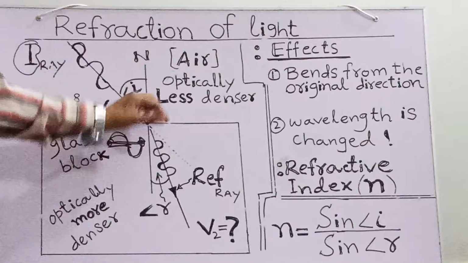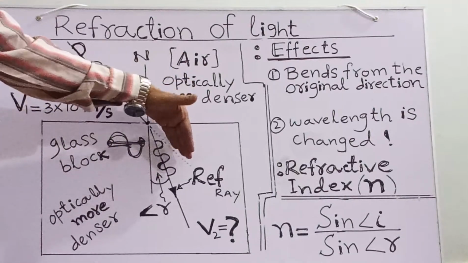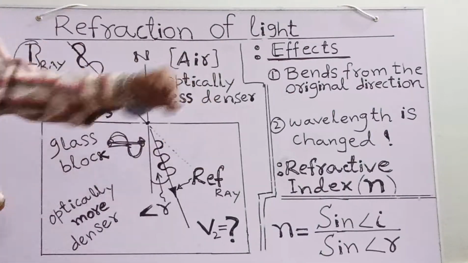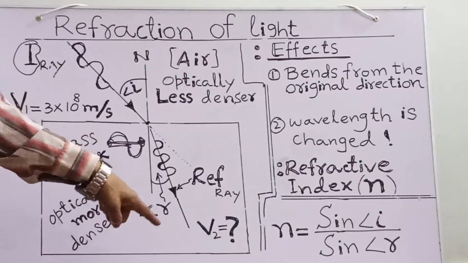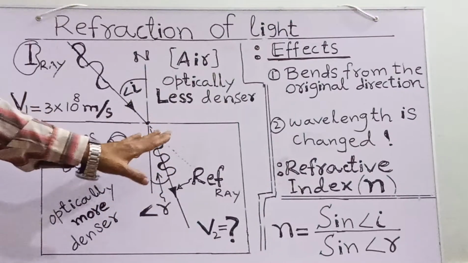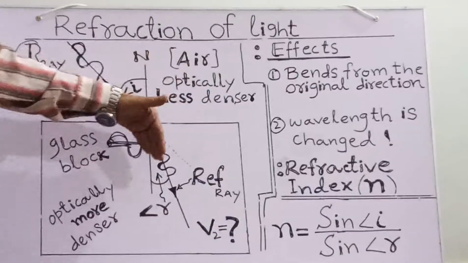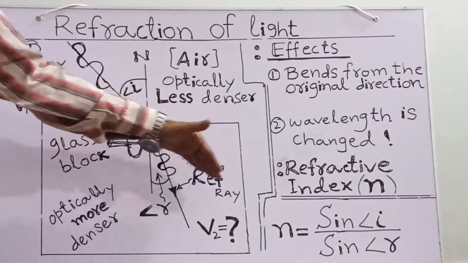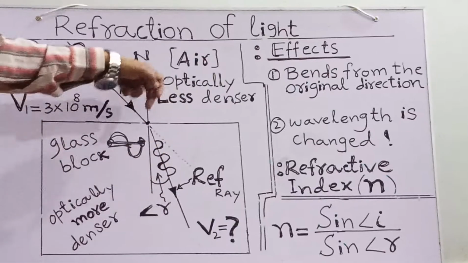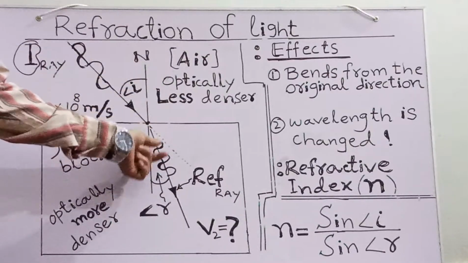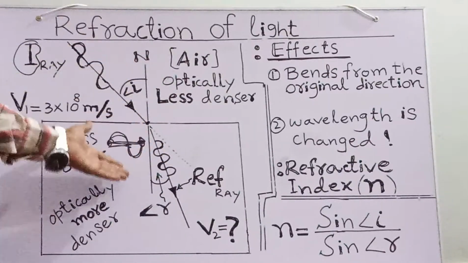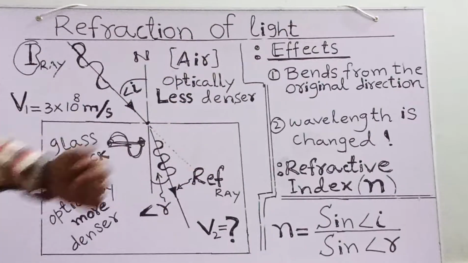The light bends from the original direction of propagation. This phenomenon, when the light travels from one medium to another, bends from the original path of propagation, and its wavelength changes. This phenomenon is called refraction of light.